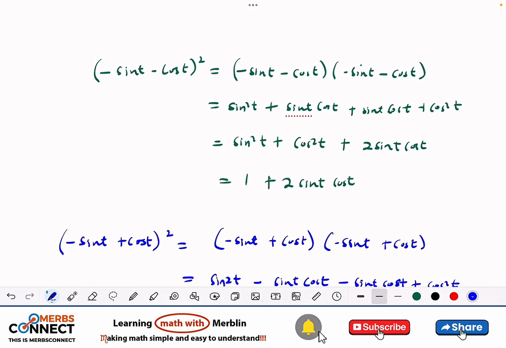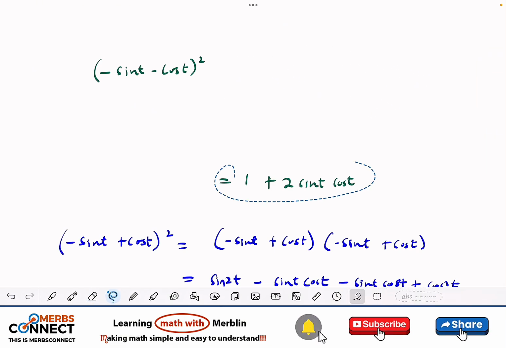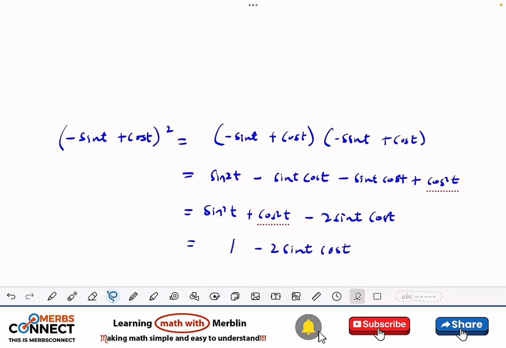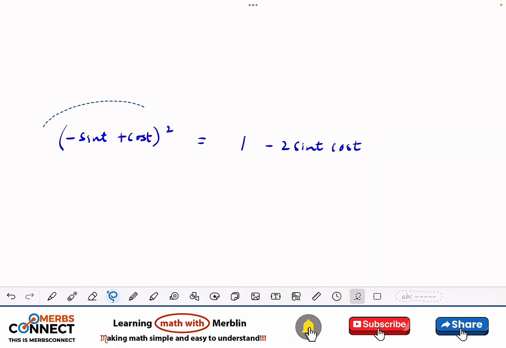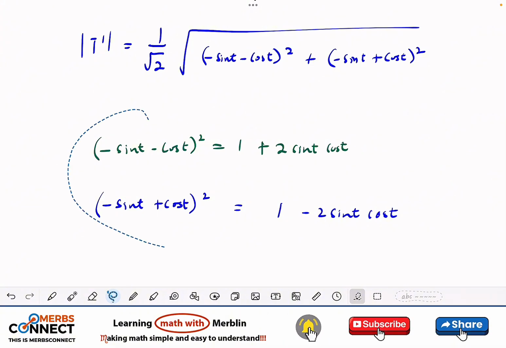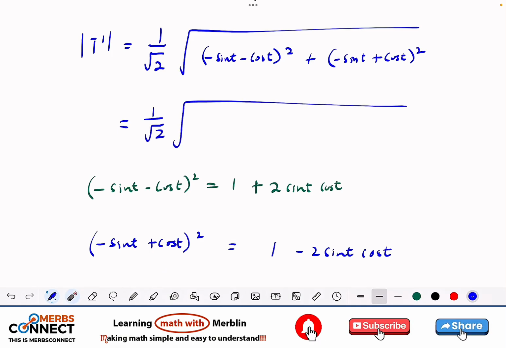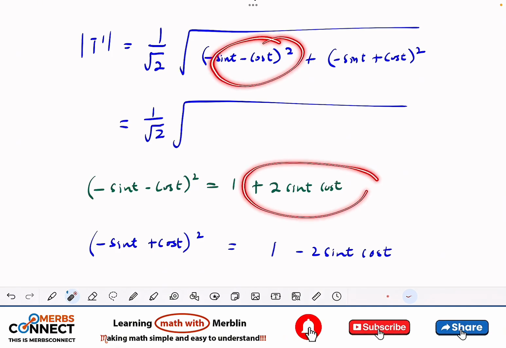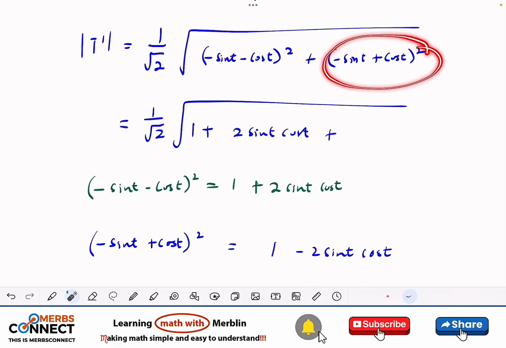So let me try and then write them. So when we simplified this, we had this. And then when we simplified this one too, we had that. So let me just send them up there and let's see what we are going to get. So it means that now we are going to have 1 divided by square root of 2 times square root of 1 plus 2 sine t cos t, plus, when we did this one too, we had this.